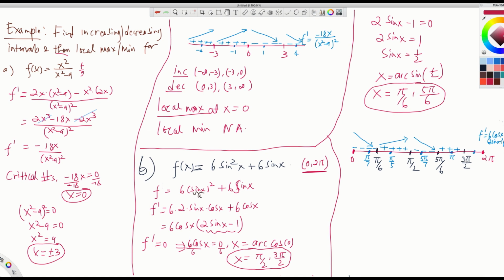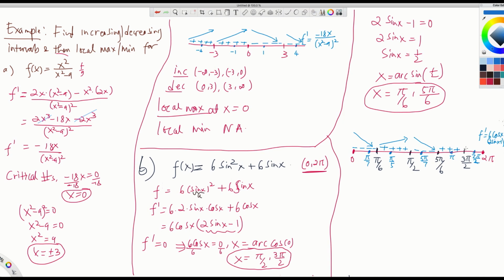What is the number between 3 pi over 2 and 2 pi? It will be 7 pi over 4. Yes, because I am finding the average of those two, okay? 3 pi over 2 plus 2 pi, it is 4 pi over 2, right? So if you don't know how to pick the test point, you can take the average of those two bounds, okay? 7 pi over 4.